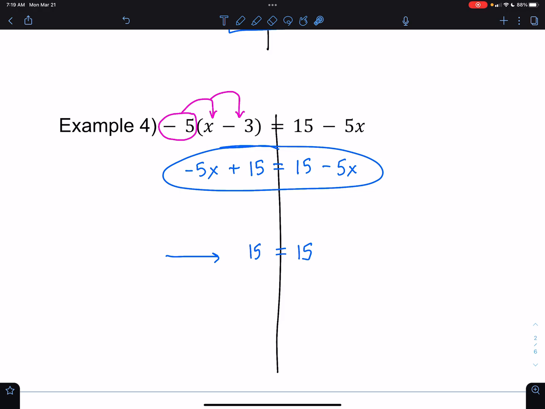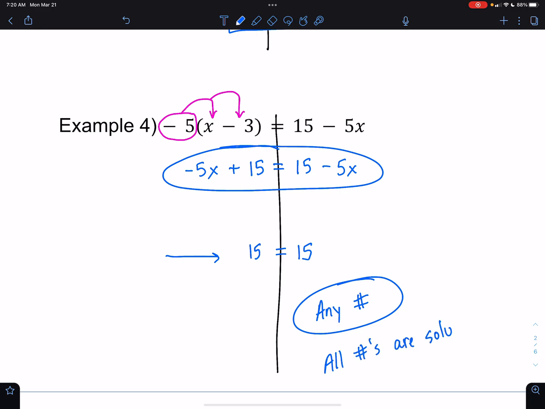Anytime you have a situation that's exactly the same, and you see it real nicely when the x's go away and you just see one number equals the same number, like down here by the arrow, that is the key for you to know that the answer is any number, or all numbers are solutions.